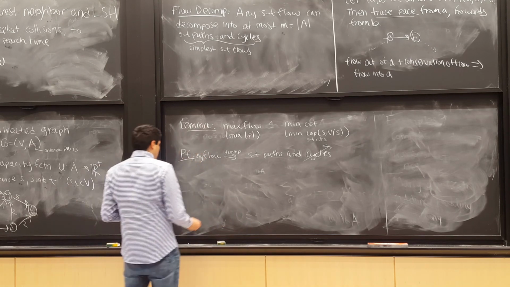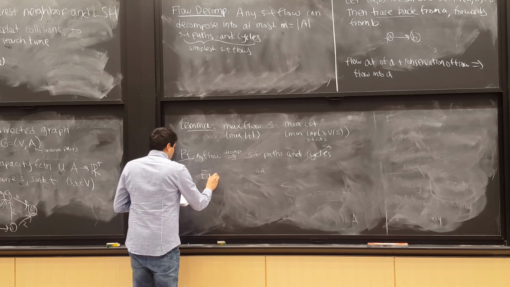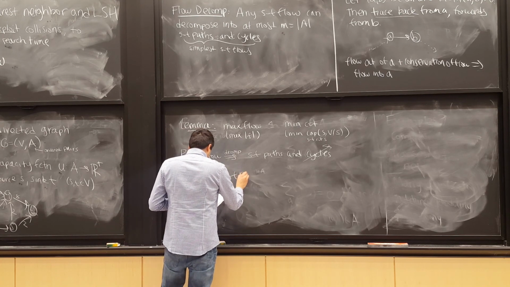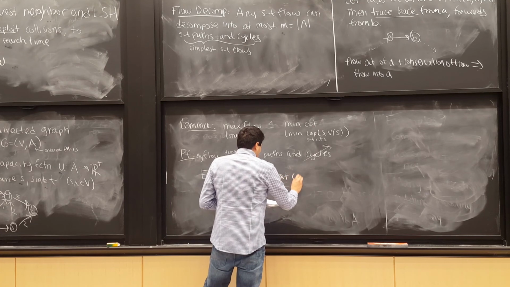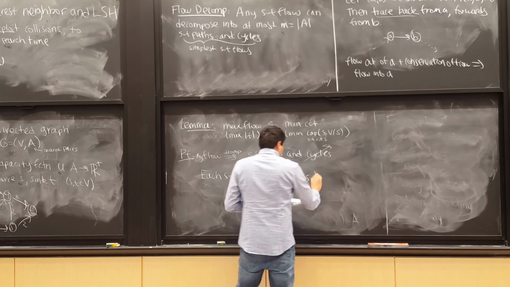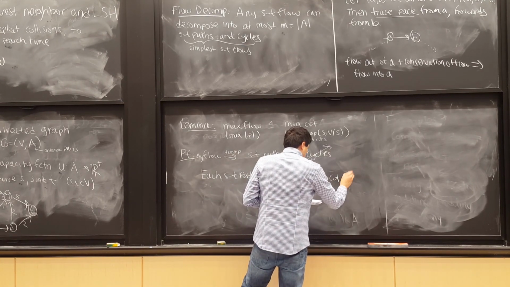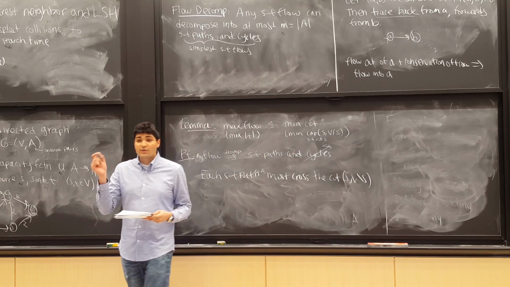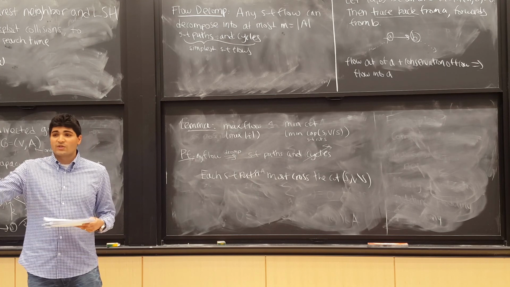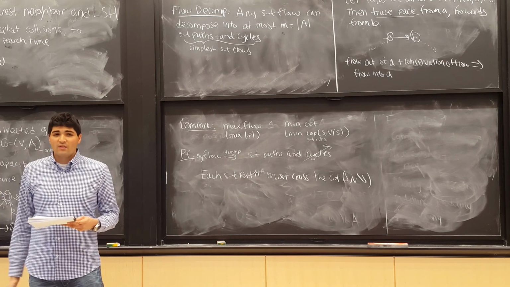And the entire point is just that each ST path has to cross the cut, because somewhere, as it goes from S to T, it's going to traverse an arc that goes from one side to the other.